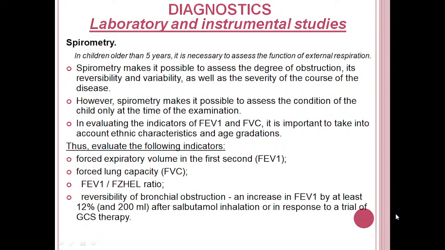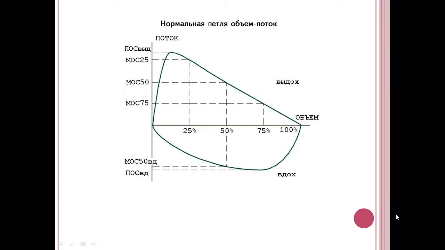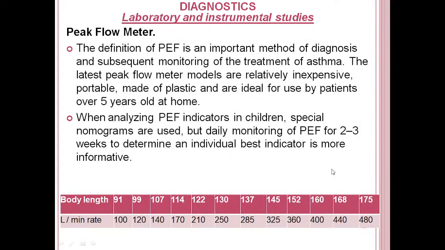Thus, evaluate the following indicators: forced expiratory volume in the first second, FEV1; forced vital capacity, FVC; FEV1 to FVC ratio, and others. You see these changes in the normal changes of the breathing. We're talking about this in the practical classes.